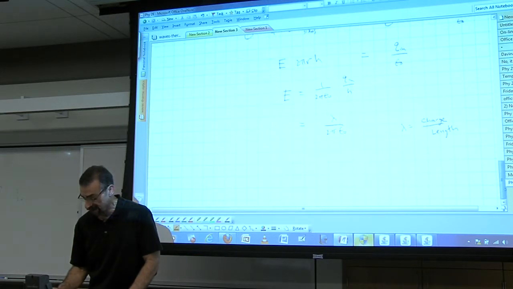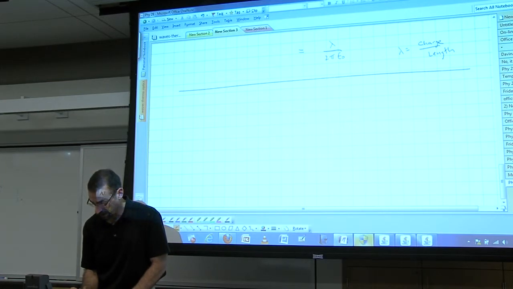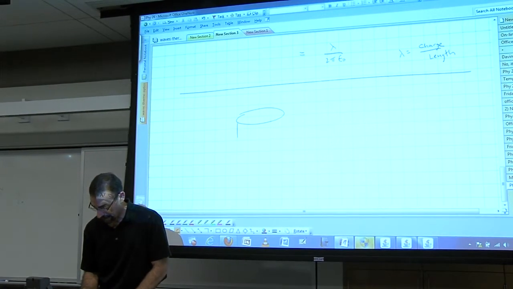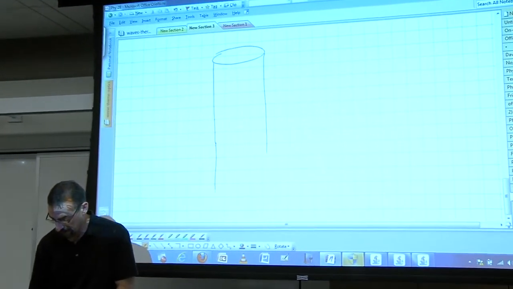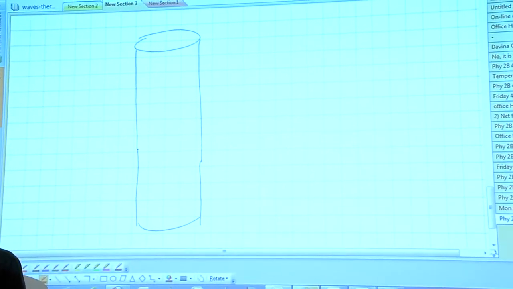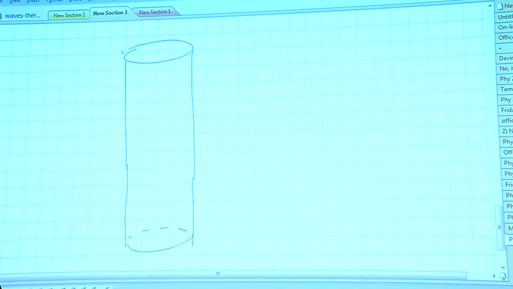We could have done the same thing if it was a cylindrical surface with charge over it. A long, infinitely long cylindrical surface that has charge uniformly spread over the surface.